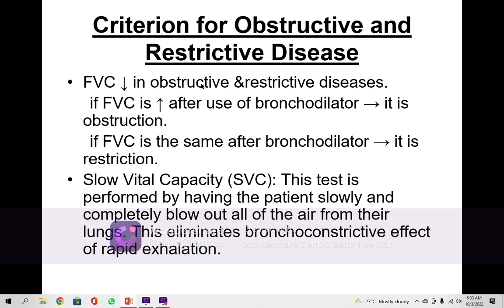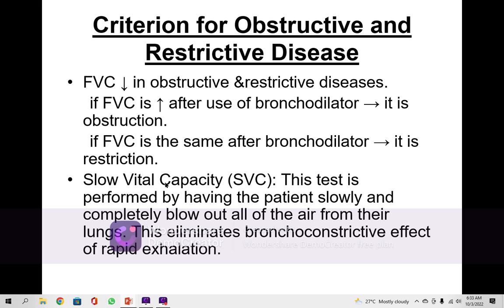To differentiate between these two, you have to do the bronchodilator challenge. If vital capacity is the same after the bronchodilator, with no effect, it is restriction. Only these two parameters are used.